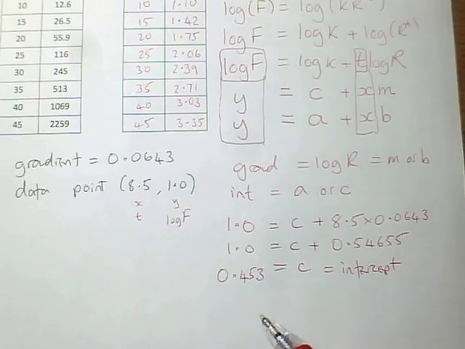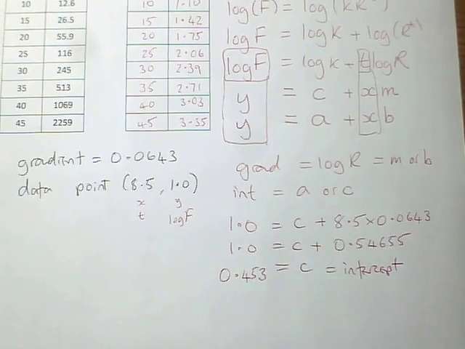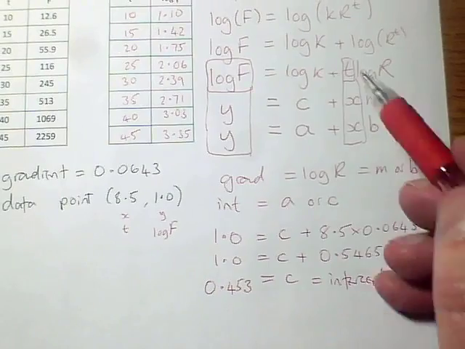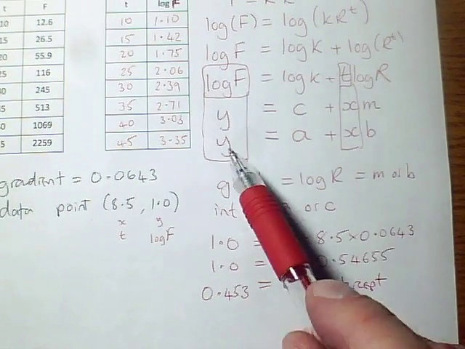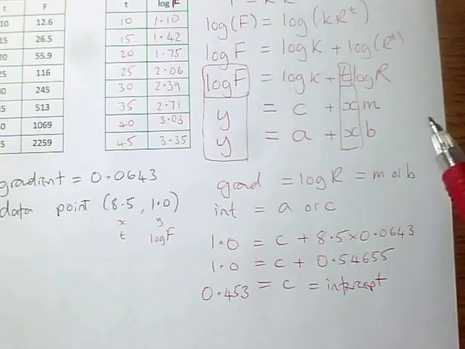So use either the drawing method or the calculator method, depending on what the question paper hints at, but I would always use the calculator method just to confirm that the values you've got by drawing aren't too wildly out. Okay, so now we've got a gradient and an intercept. I now have to convert those back into values of the missing constants. The matching's already done here. Here's my rearranged equation using logs, and I want to match that with y equals mx plus c or y equals ax plus b.